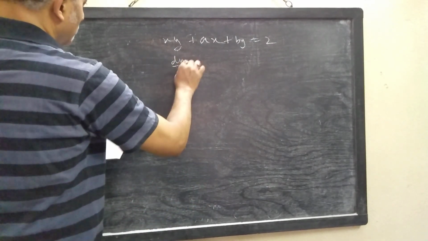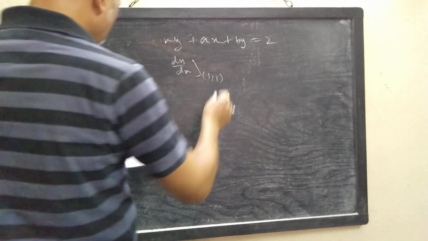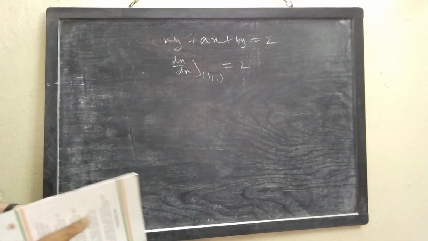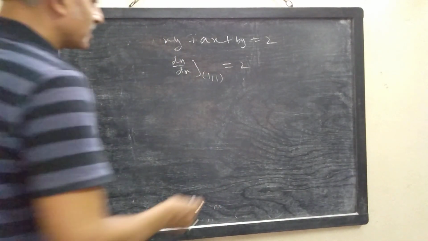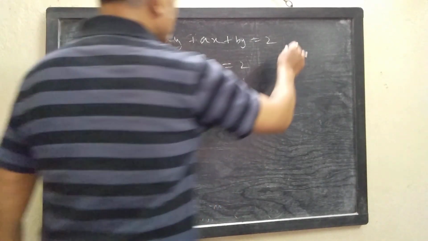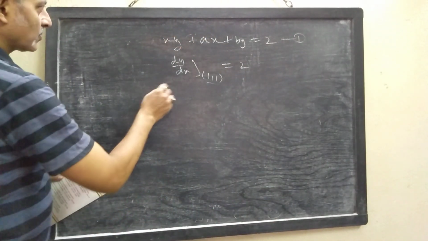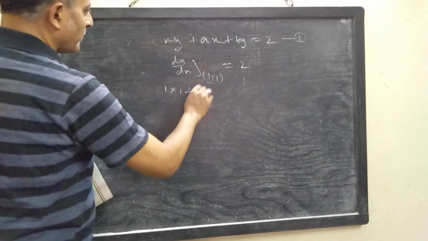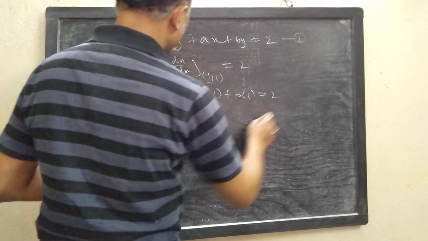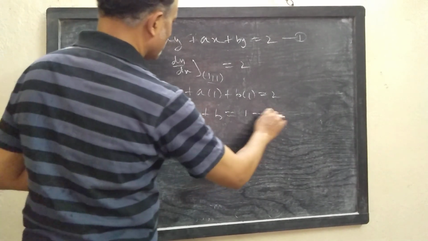That is dy/dx at 1, 1 is 2, and you are asked to find a and b. Like the previous problem, 1, 1 is a point on the given curve. So write down 1 into 1 plus a into 1 plus b into 1 equals 2. So you get the equation a plus b equals 1.